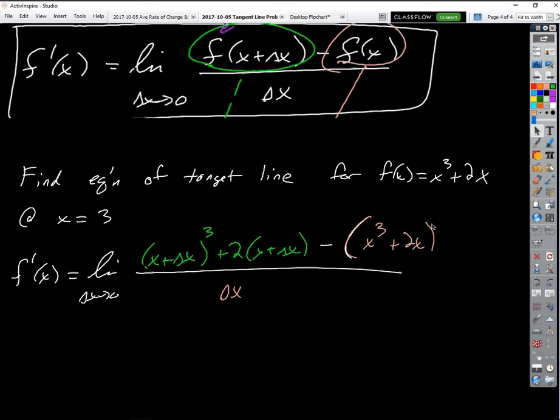So at this point, I've got 0 over 0. Everybody see that? If I try to evaluate my derivative, the delta x's drop out, so everything on top would cancel and the bottom would go to 0. This is just the limit stuff that you've had quite a bit of practice with. So you get a sense of how this is going to work.